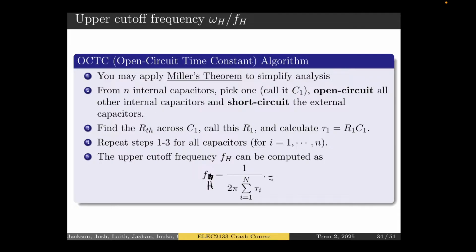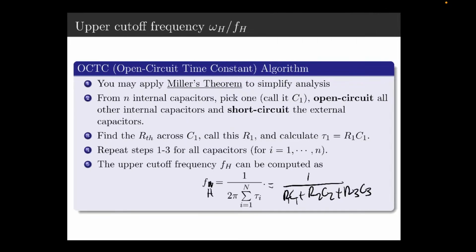For FH, our equation is like this: 1 on RC1 plus RC2, RC3, whatever. Now, this might look like some sort of equation, but if I wrote this in a different way, maybe you might see something you can liken it to.